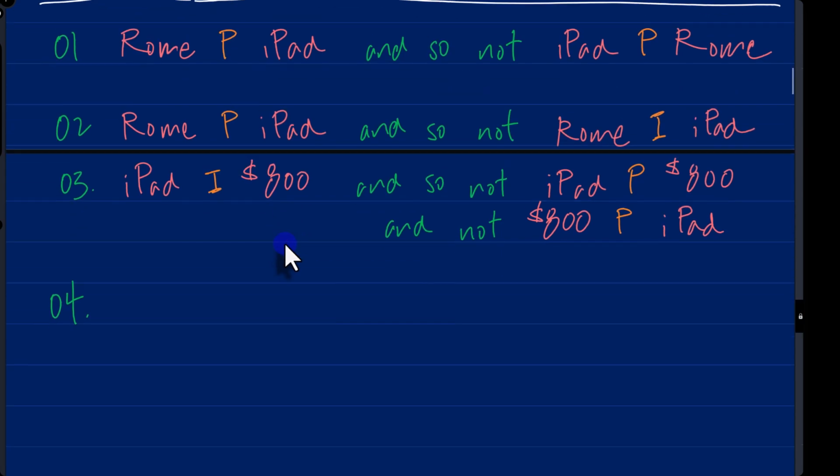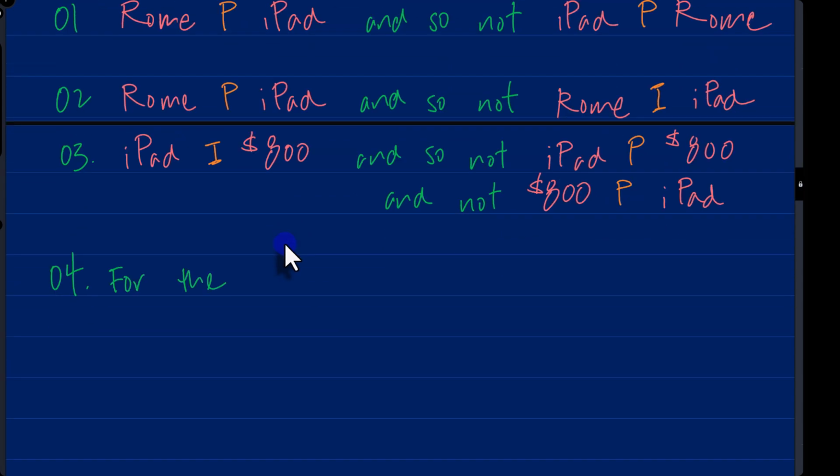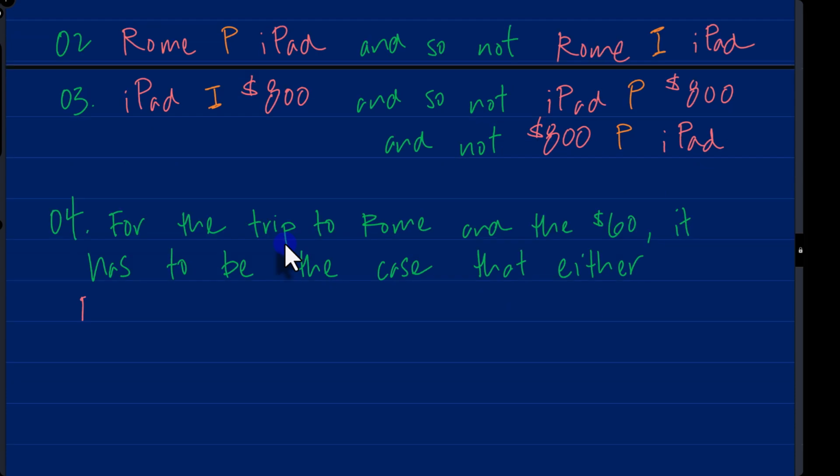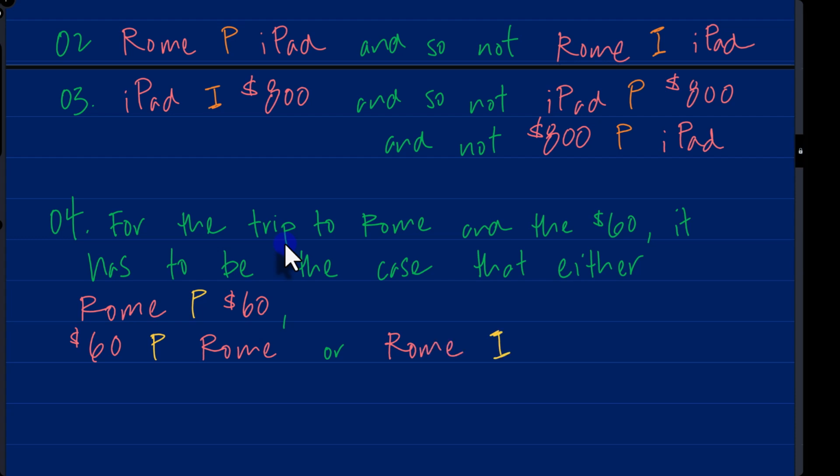Okay, so it has to be the case either that I prefer Rome to $60, or I prefer getting $60 to going to Rome, or I'm indifferent between the two.